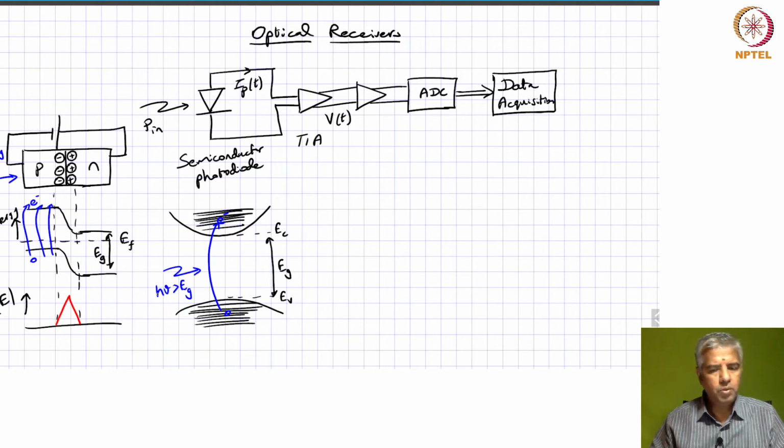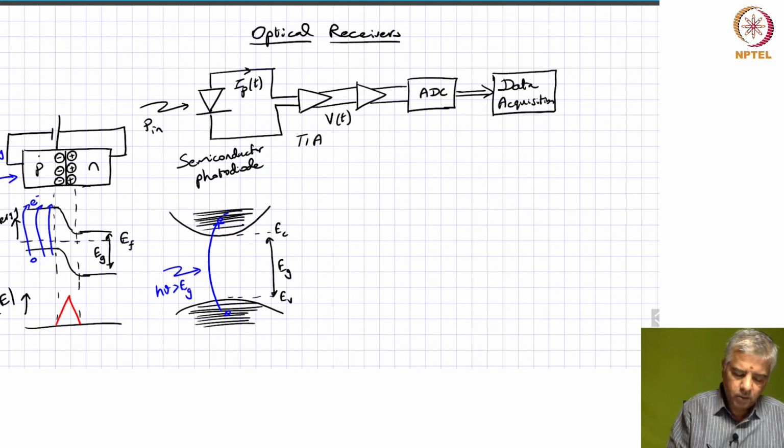Now we need to see how the process of converting this to a photocurrent happens. You have these photons that are streaming in and falling on the material, and that generates electron hole pairs.